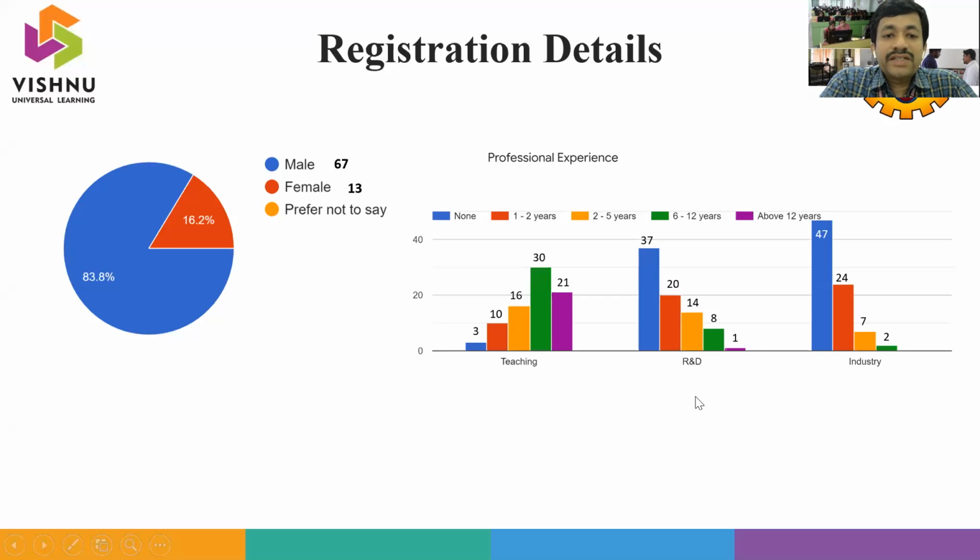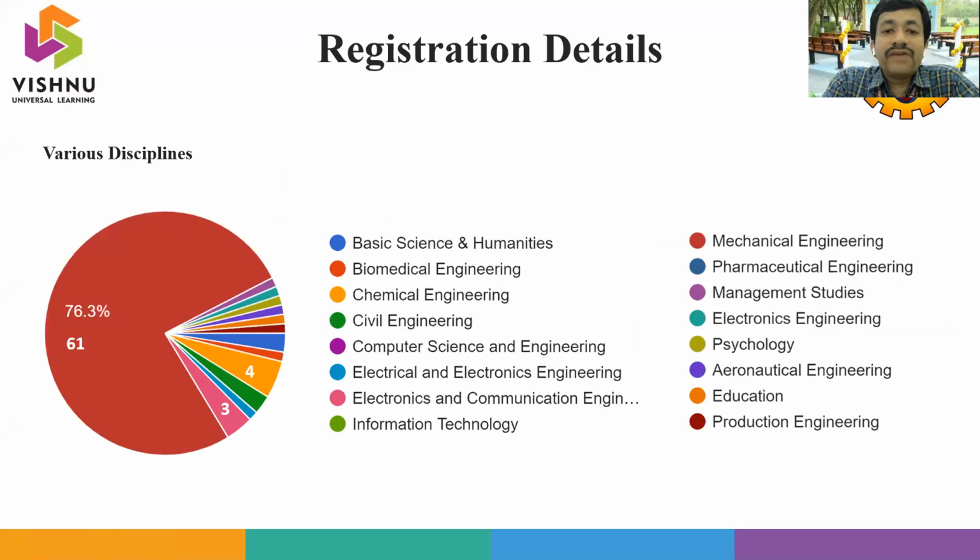In the registrations, we have got 80 registrations, 67 male and 13 female. You can see the professional experiences of these faculty members, and they have covered the entire range of disciplines. Many of them are from mechanical, but this can be applied to other branches also.